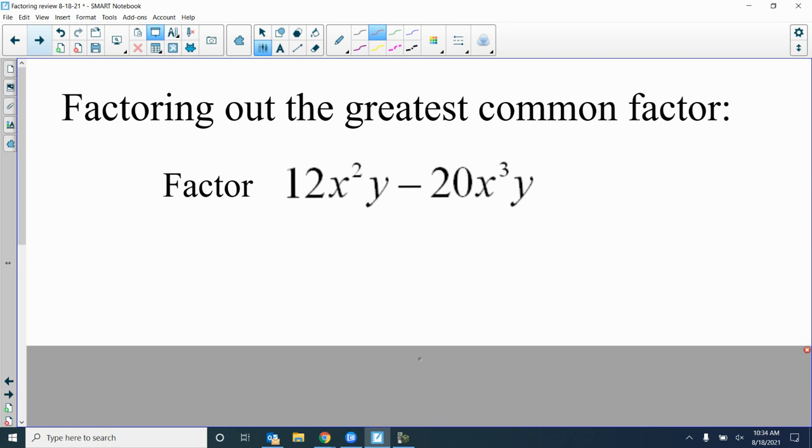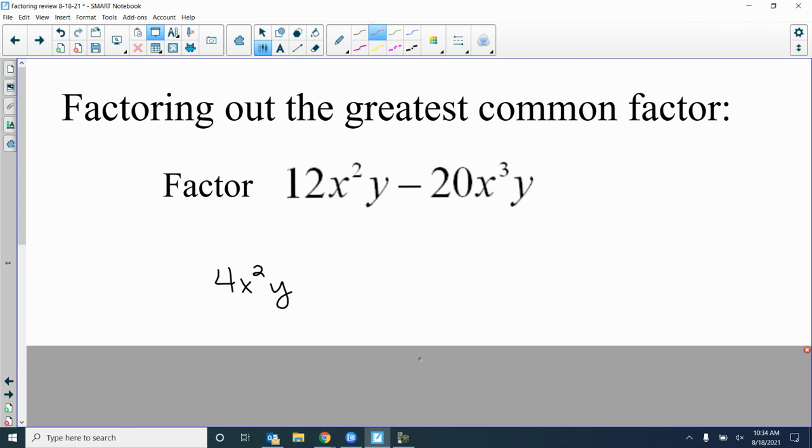Take out the greatest amount of factors. Do you know what that is? Should be 4. That's part of it. Also has to contain some variables. 4x squared and y. Yep, so your GCF is everything they have in common. So like he said, it is 4x squared y.